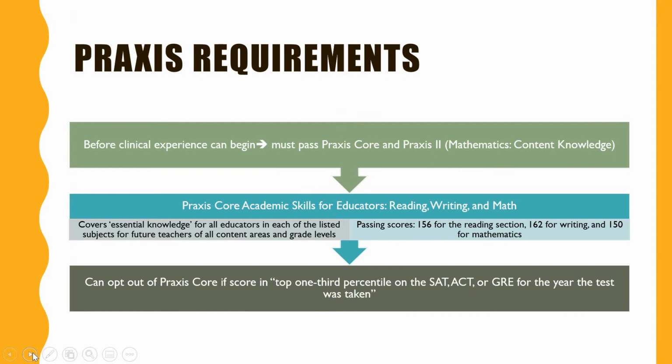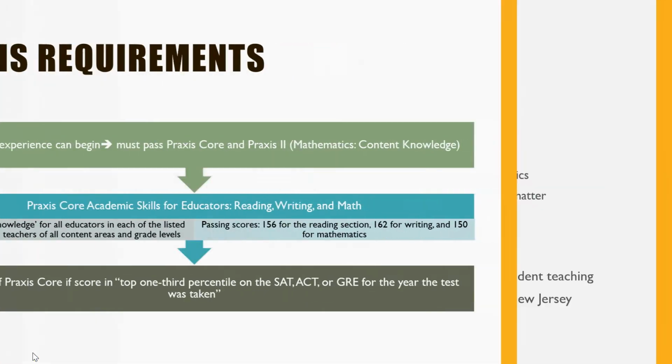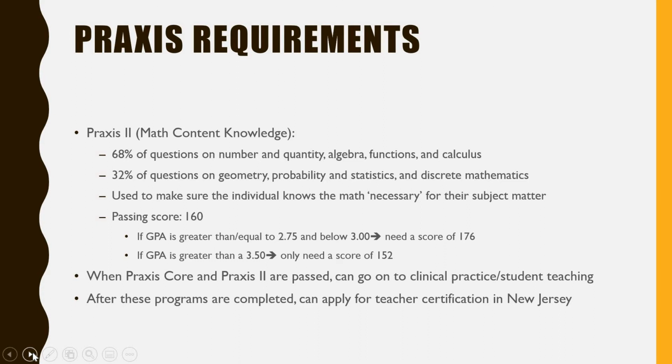Aspiring teachers must also pass standardized testing, which covers knowledge deemed essential for all educators in each of the listed subjects for future teachers of all content areas or grade levels, which is called the Praxis Core. This is followed by the Praxis 2 math content knowledge, which tests the individual on number and quantity, algebra, functions, and calculus, in addition to questions on geometry, probability and statistics, and discrete math.